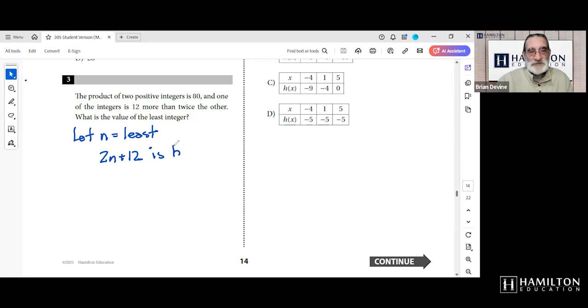So that's the biggest. So now I know that the product of these two is 80.